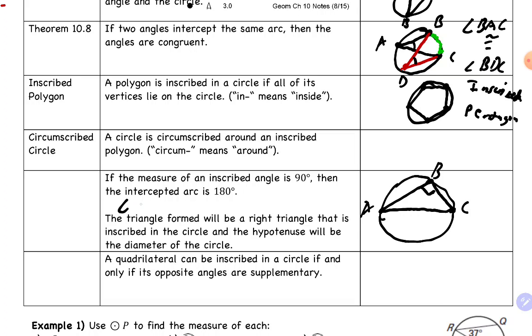So if angle ABC is equal to 90 degrees, then the measure of arc AC is 180 degrees. Also, the triangle formed will be a right triangle that is inscribed in the circle, and the hypotenuse will be the diameter of the circle.